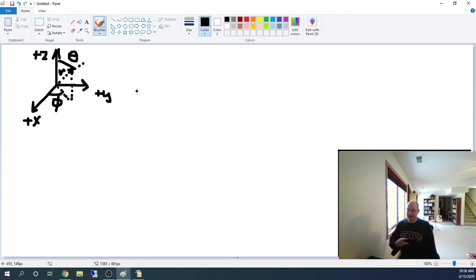To make sure we know what we're talking about here, phi is what we call the azimuthal angle. Theta is the polar angle, and r is the distance from the origin to that spot. Okay, so that's the spherical polar coordinate system.